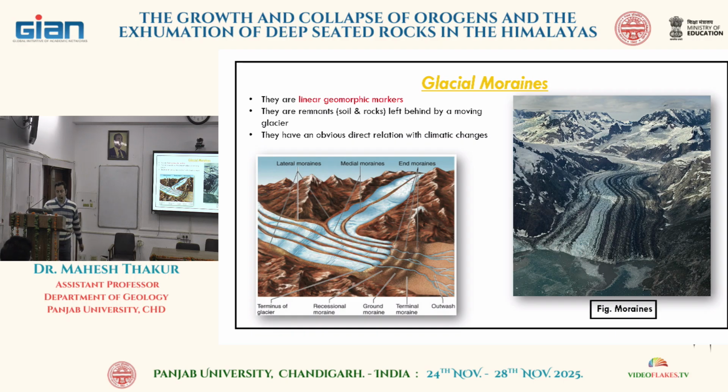And then glacial moraines. They are linear geomorphic markers, remnant soil and rock left behind by moving glaciers. They have an obvious direct relation with climate change.